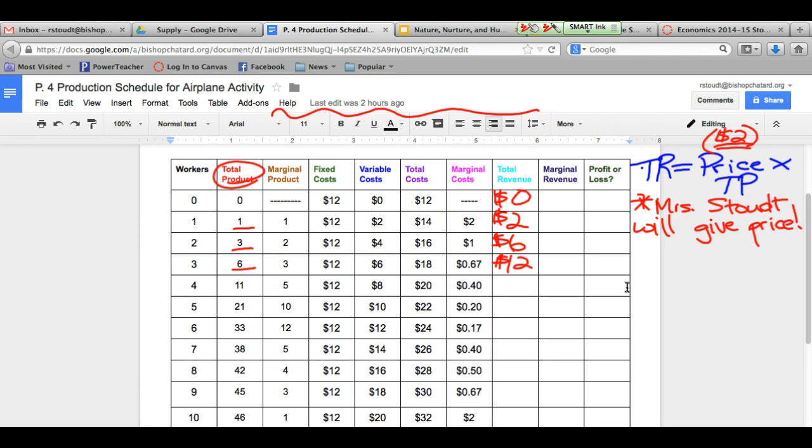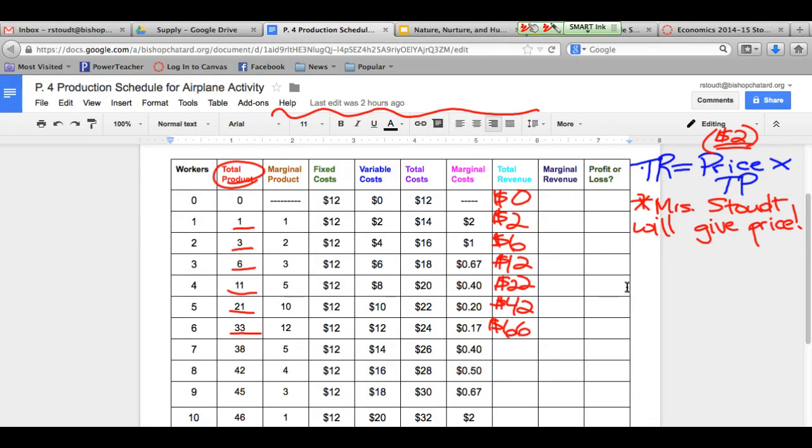At 4 workers, we're taking 11 times 2 to get 22 for our total revenue. At 5 workers, 21 times 2 to get 42. At 6 workers, 33 times 2 to get 66.